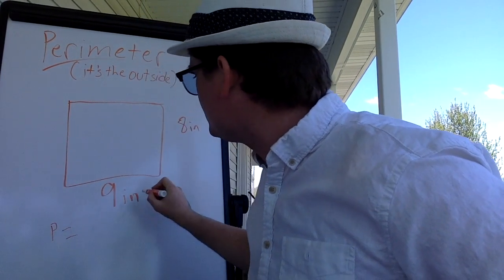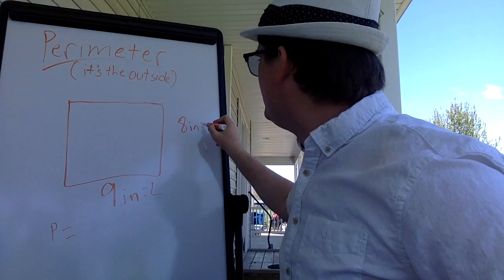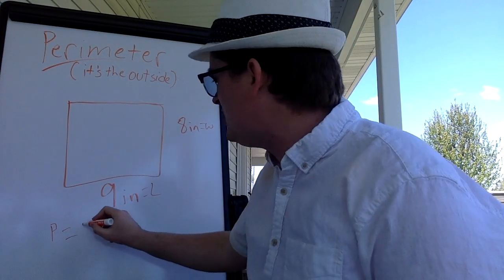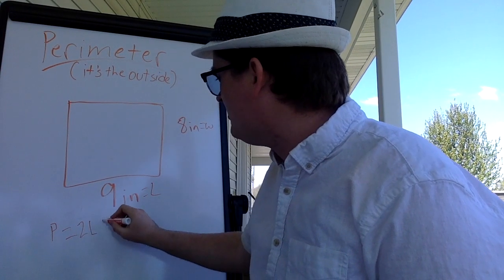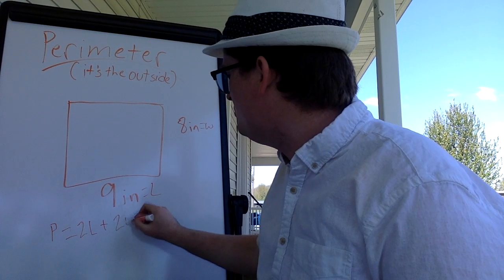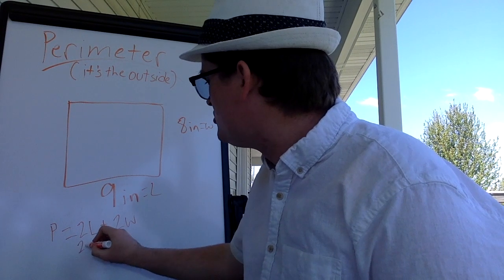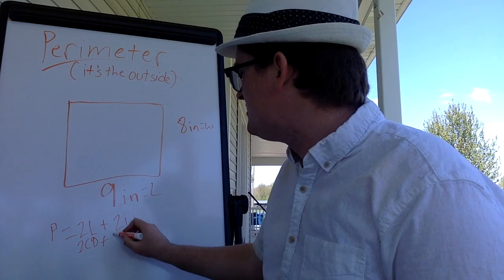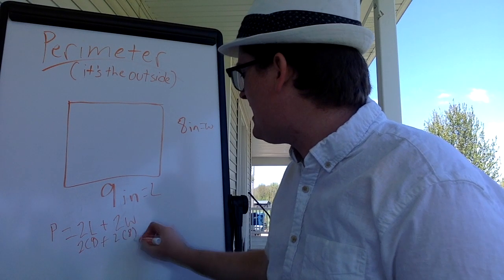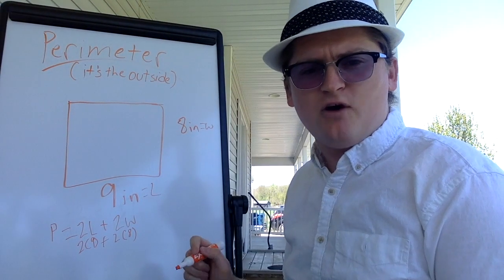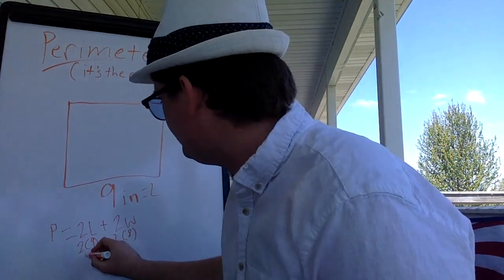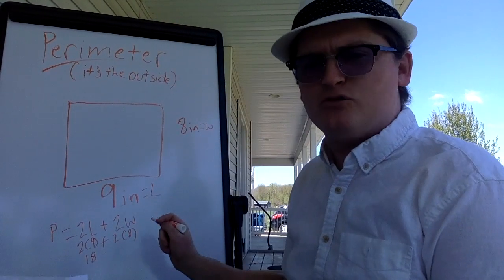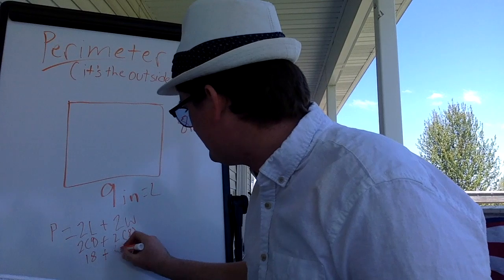P equals, let's see, this is L and this is W. P equals 2L plus 2W, or 2 times 9 plus 2 times 8. So 2 times 9 is 18, and 2 times 8 is 16.